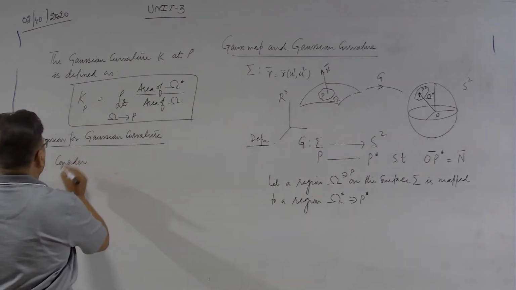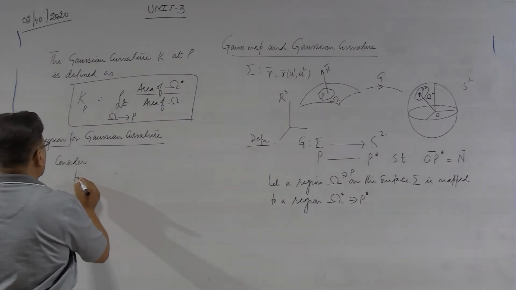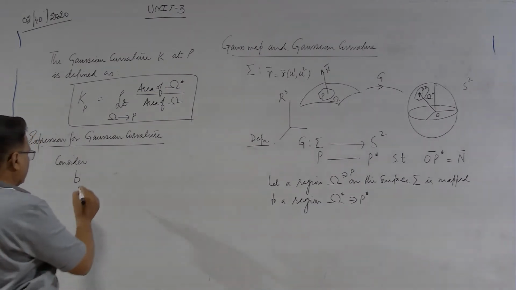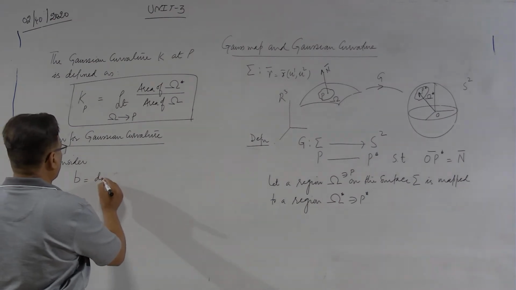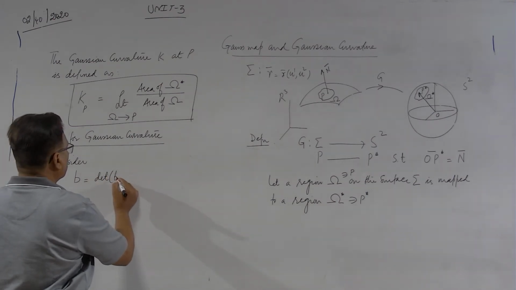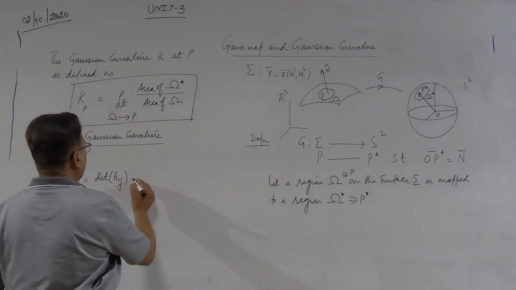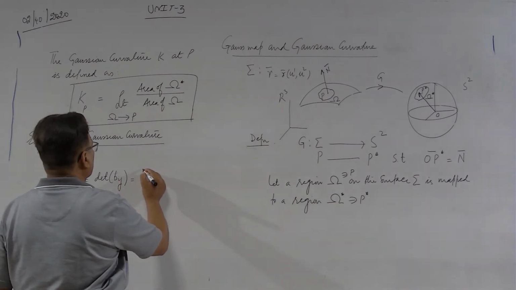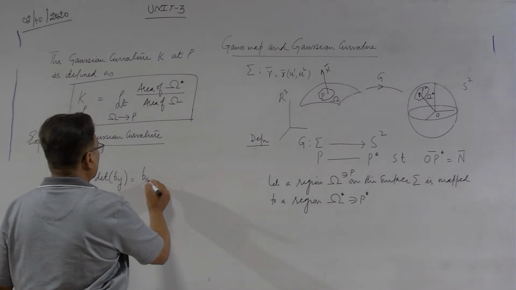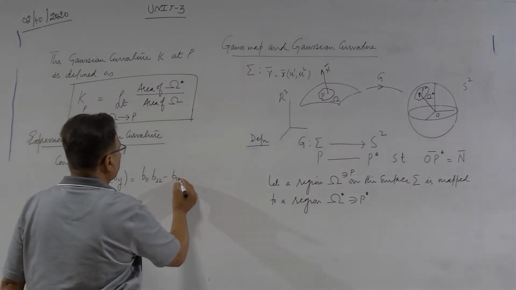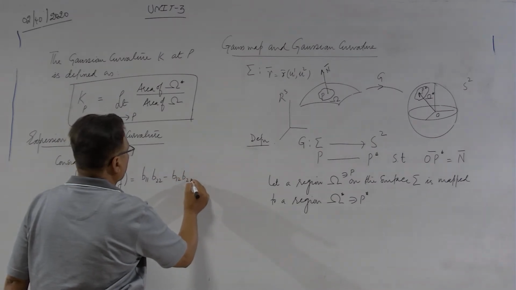So, consider B. If you look at B, this was in fact the determinant of B_ij, and that is in fact B11 B22 minus B12 into B21.